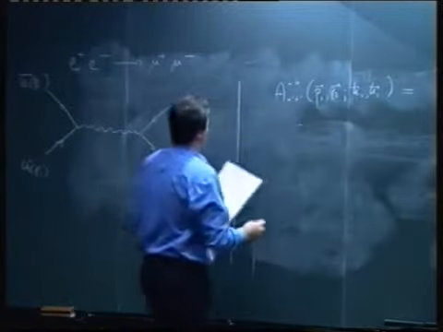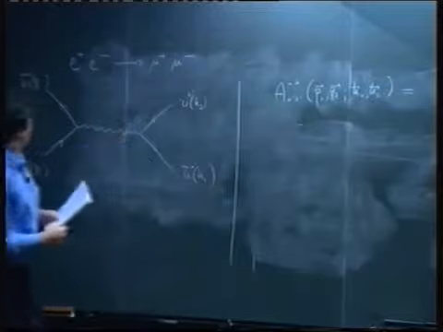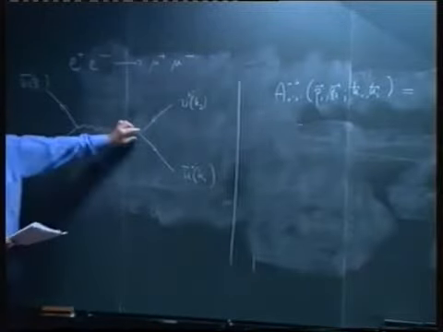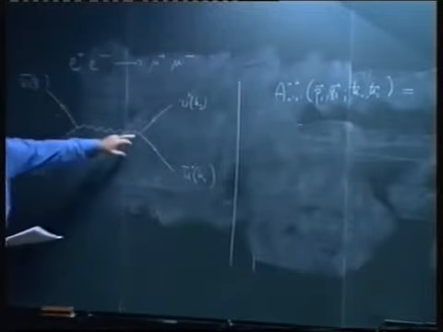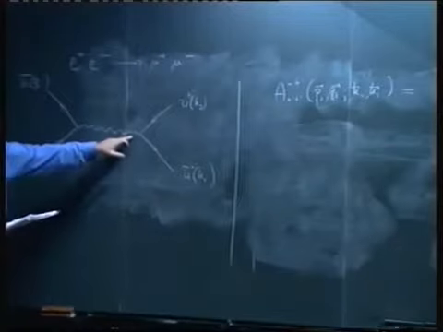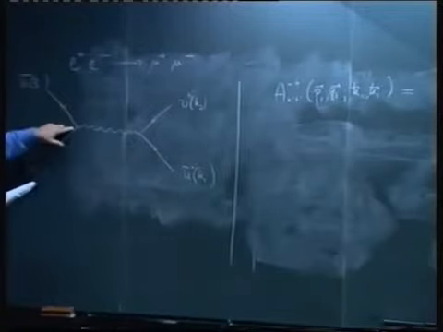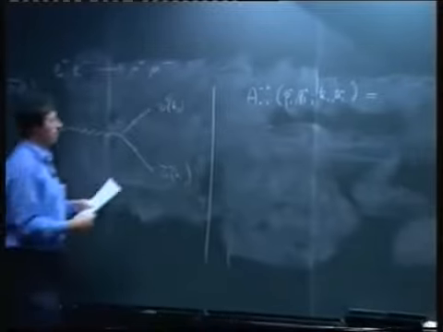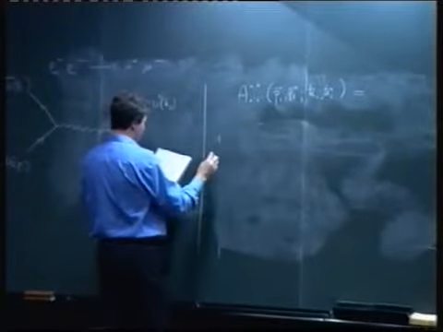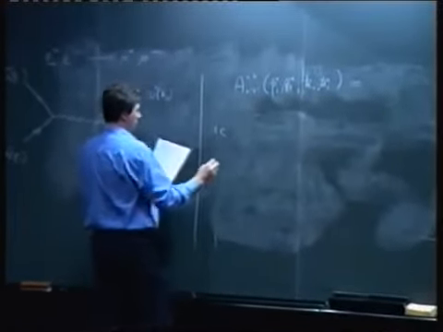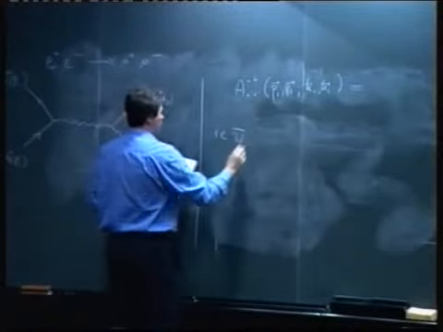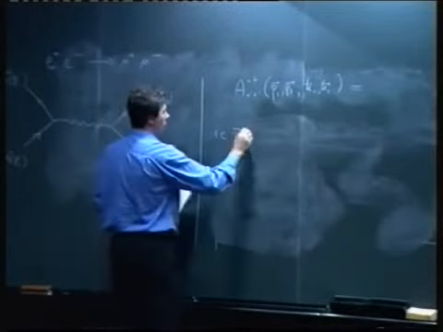And the expression we have is, well, we have two vertices, so I'll write down an expression for each of the two vertices, and then I'll also include the propagator. And so for the first vertex, we have i e, then we have to write down the spinor for P1.